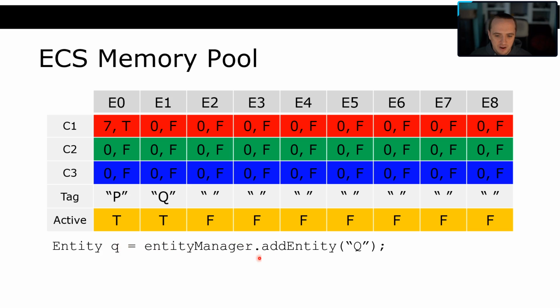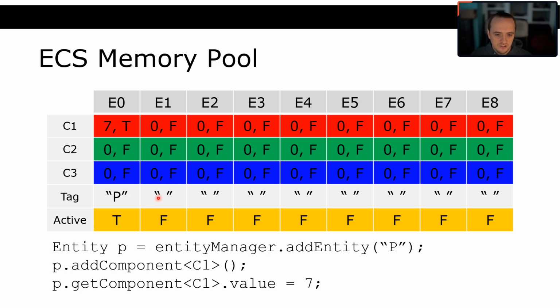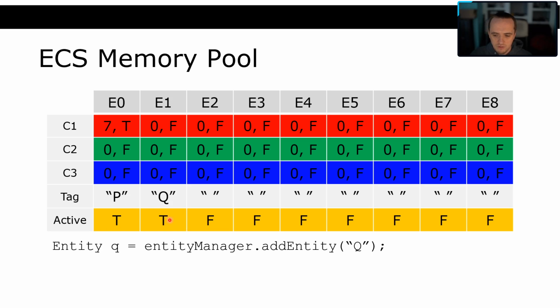Now let's add another entity, and we'll call this one Q. I will answer all the pet-related questions once I'm done, because I'm almost done with this lecture. Let me get through it, because I'm already over time. So we added another entity, Q, and we just scanned through until we found a false, and we put it in there.